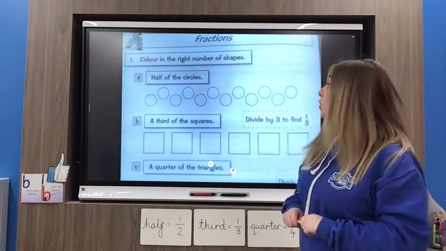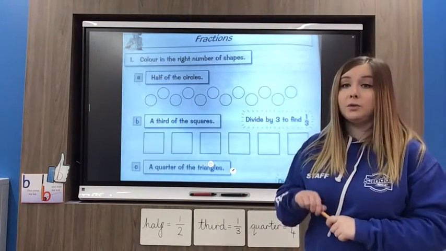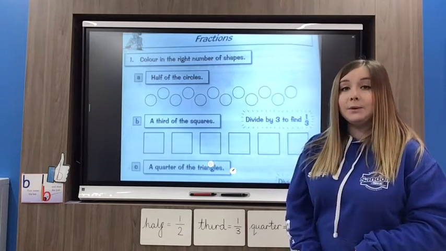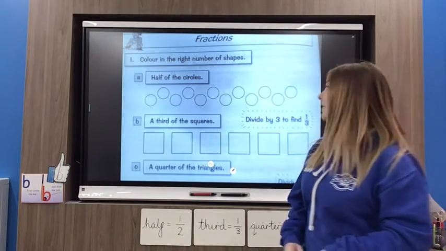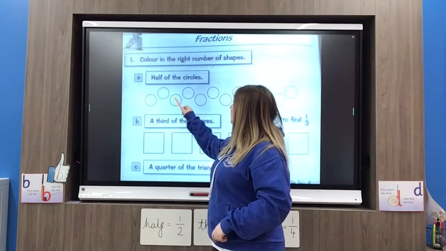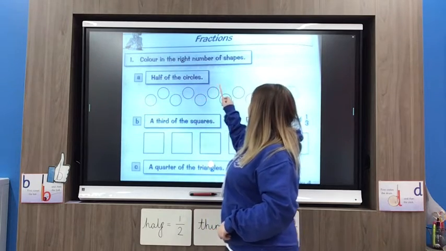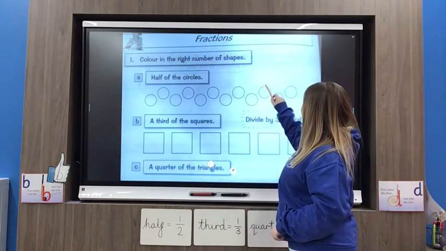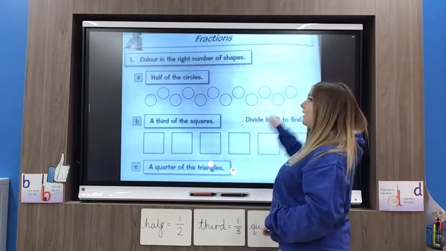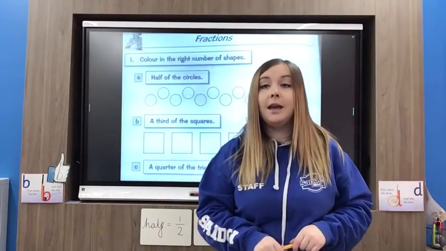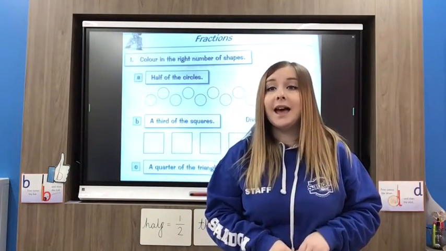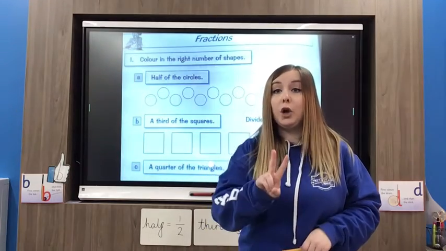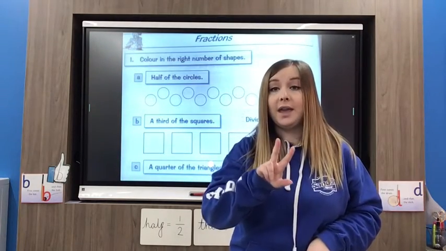And it's asking you to colour in half of the circles. So let's start by finding out how many circles there are all together. 1, 2, 3, 4, 5, 6, 7, 8, 9, 10, 11, 12 circles all together. And we've got to share that by 2. We've got to half it.